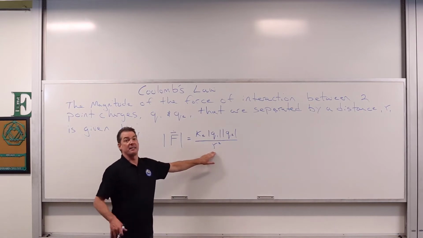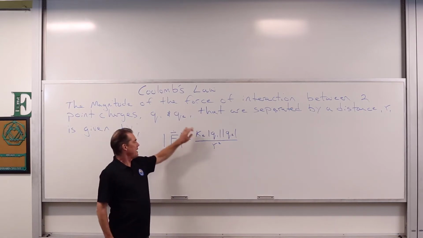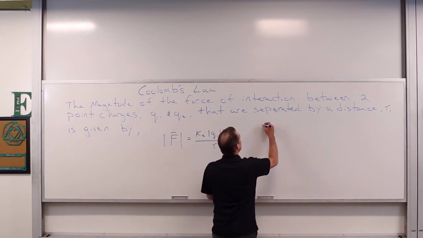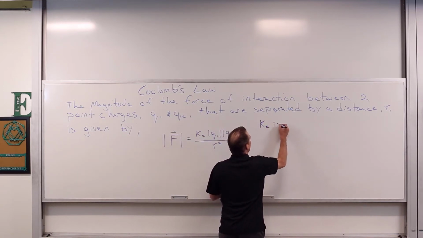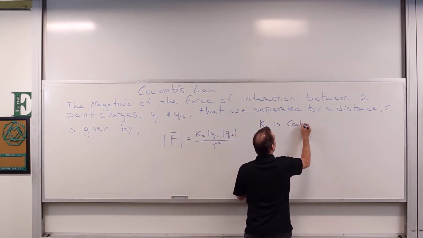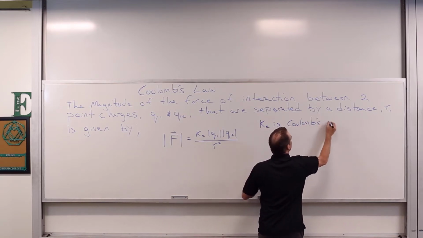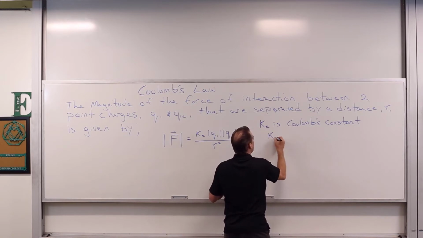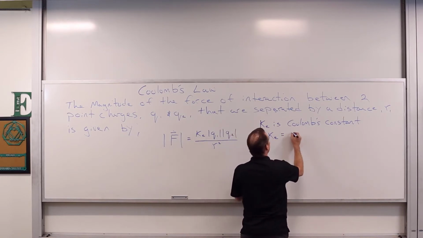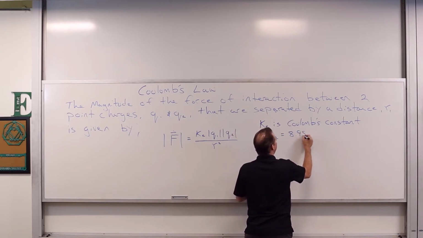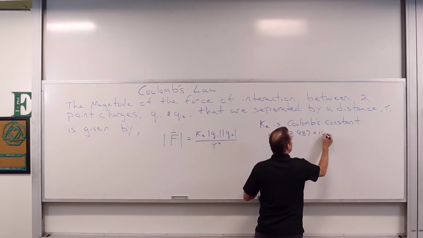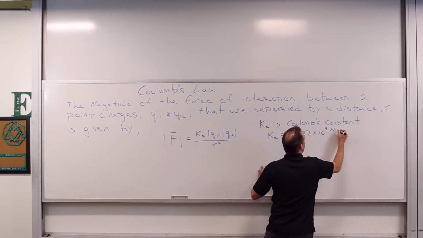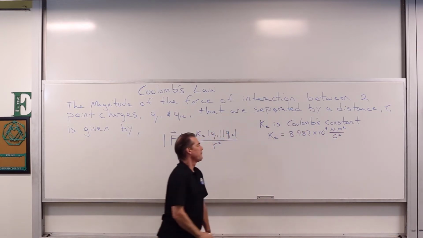We've got R, the distance that these charges are separated by, and then we've got K sub E. K sub E is Coulomb's constant. K sub E is equal to 8.987 times 10 to the 9th newton meter squared per coulomb squared.